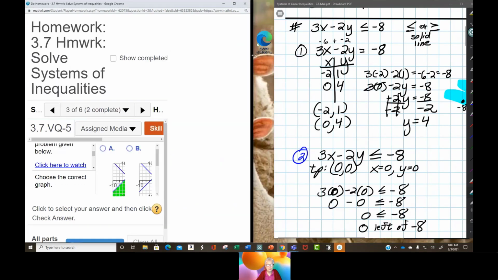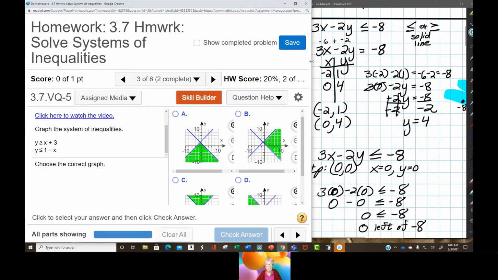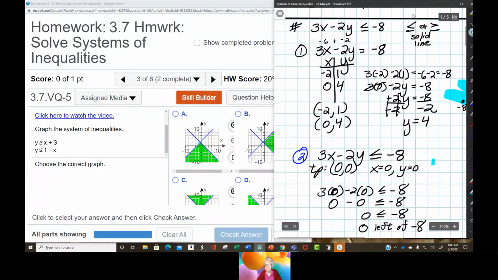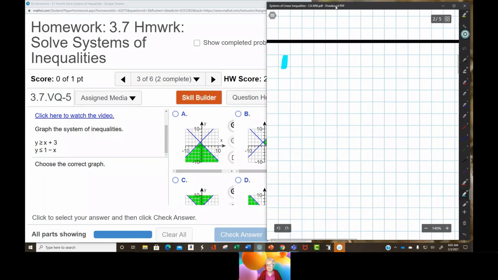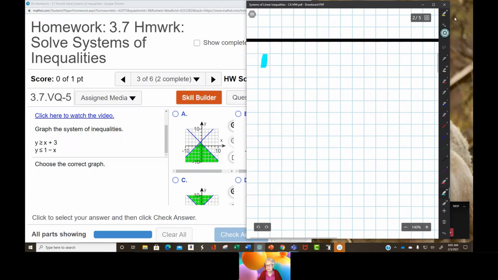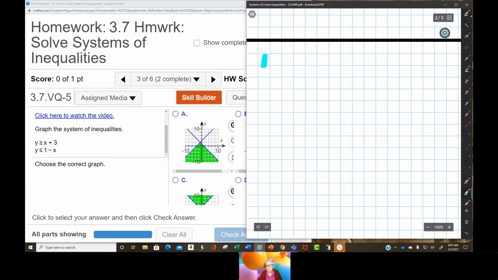Okay, now we're still going to go through the same steps, but of course now there are 2 of them we're graphing together. So this is number 3 in your homework. Yeah. All right, fine. Number 3.